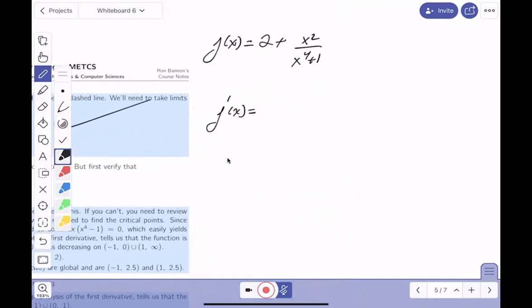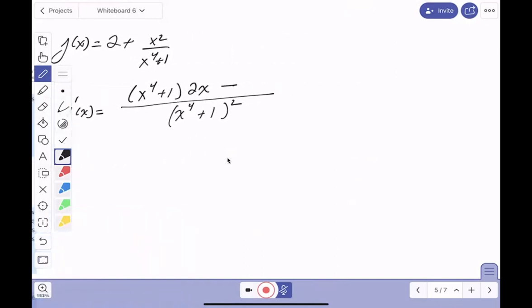I can get a derivative. The first term is 0. Second term, I can do it. I've got to be careful here. I've got to match that derivative they've given me. The derivative of the top is 2x minus the top times the derivative of the bottom, which is 4x cubed.